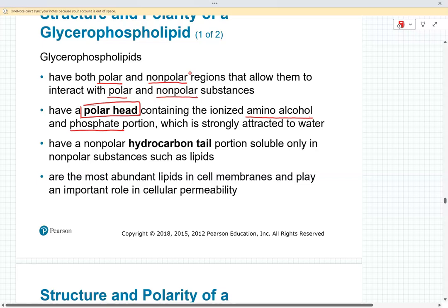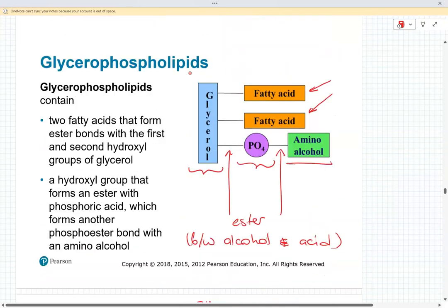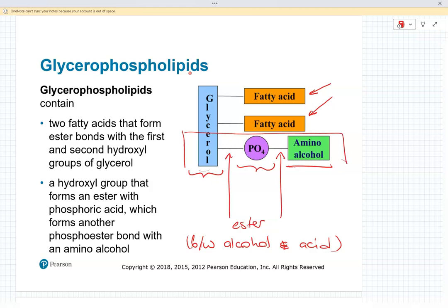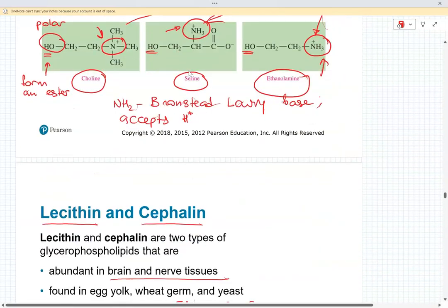On top of that, you have a phosphate portion. I want you to take a look at this structure. Take a look at this part. Okay? And I'm going to illustrate something here.